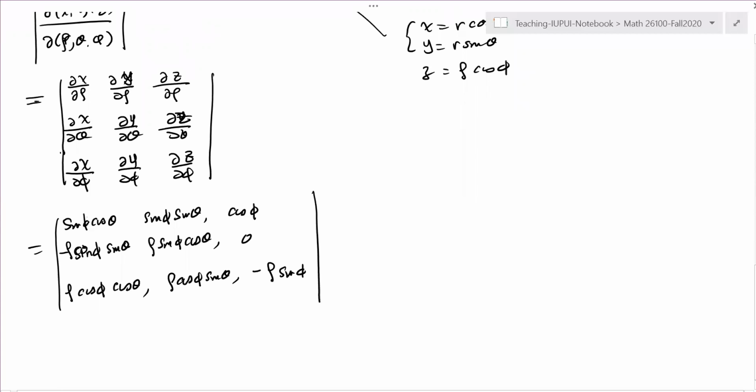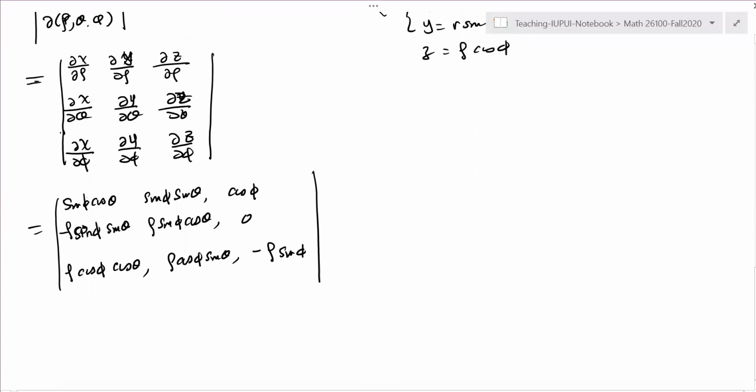And this 3x3 matrix, do you still remember how to find the determinant? You can expand along any of the lines, along this line maybe.